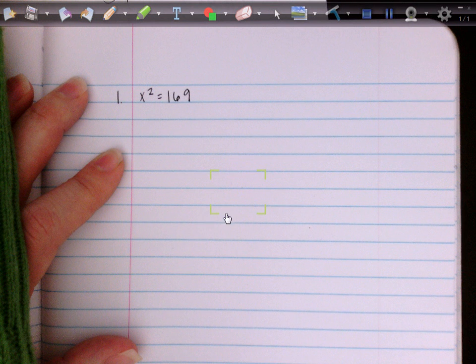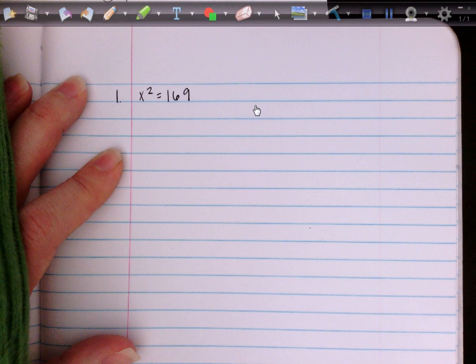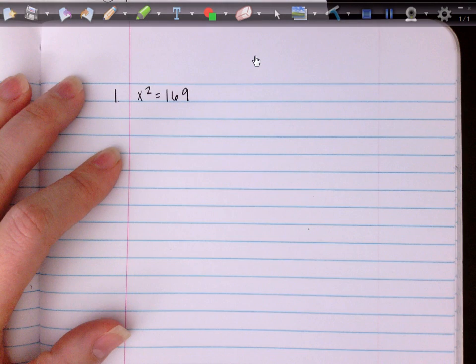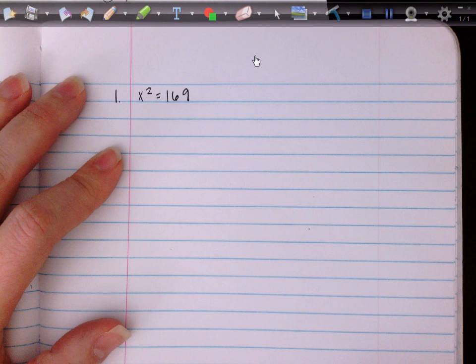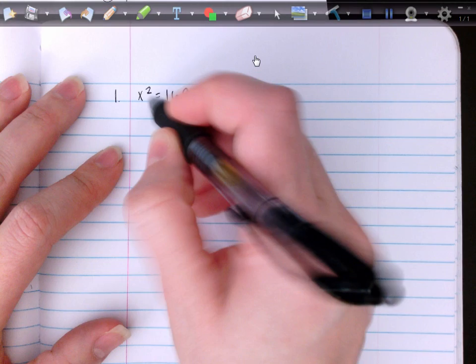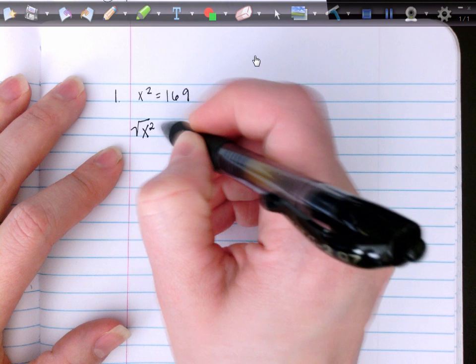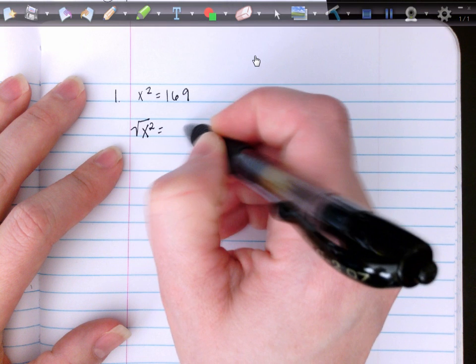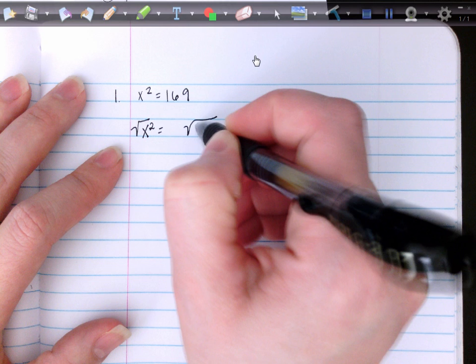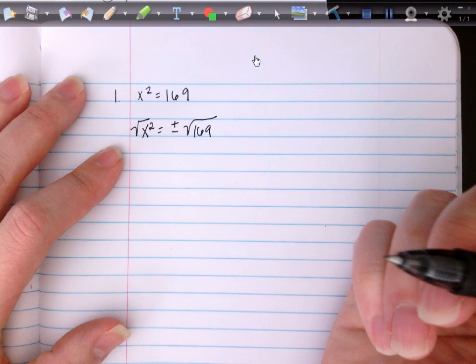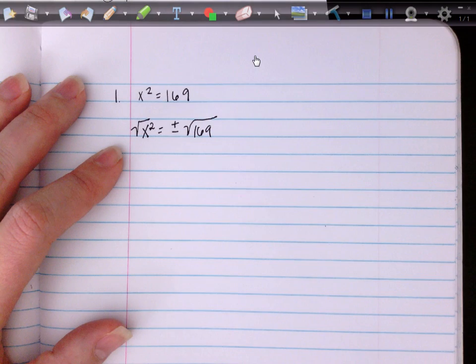All right, go ahead and get down number 1. x squared equals 169. And again, like we said, the opposite of x squared is going to be the square root. And so we have to take the square root of both of these, and we have to say plus or minus in front of our second square root there with the 169.